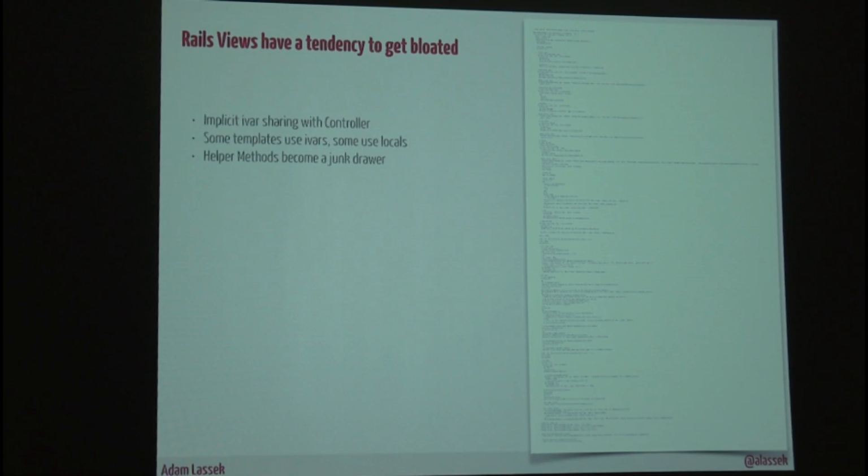Helper methods tend to become a junk drawer, typically, because Rails by default just loads every helper for every single controller, and so there's no actual organization across them. And so because of that, people don't think about where the methods should live and what each part of the page or each controller should be responsible for.